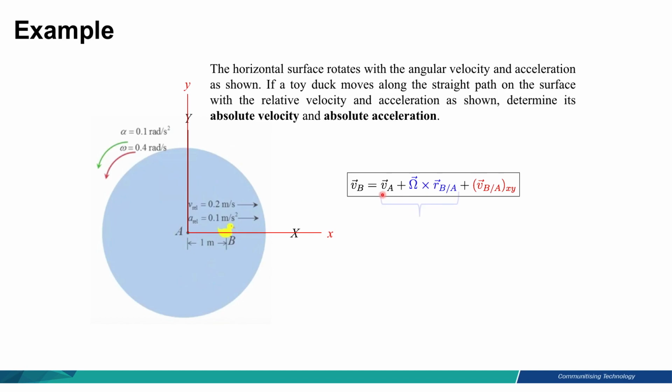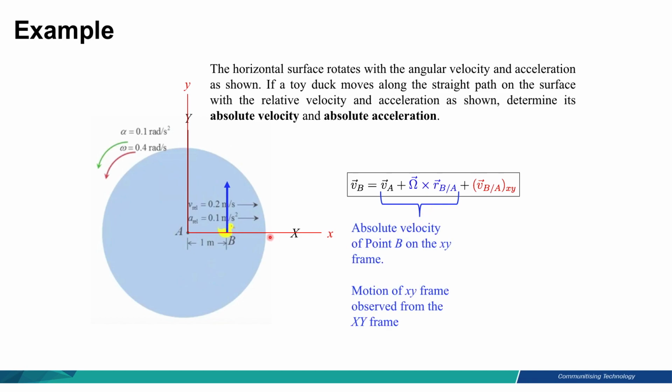Now, this first part of the equation represents the absolute velocity of the toy duck, or the point B, on the xy frame. This is the motion of the duck rotating about point A. Remember that the duck is rotating about point A and also at the same time moving away from point A. So this motion of moving away from point A is represented by the last part of this equation.